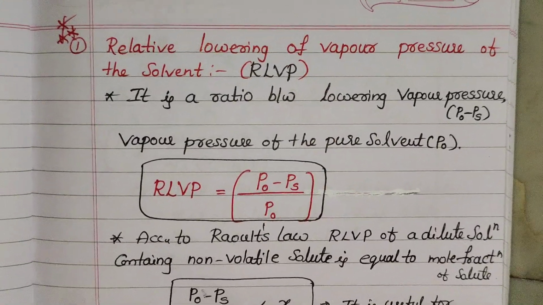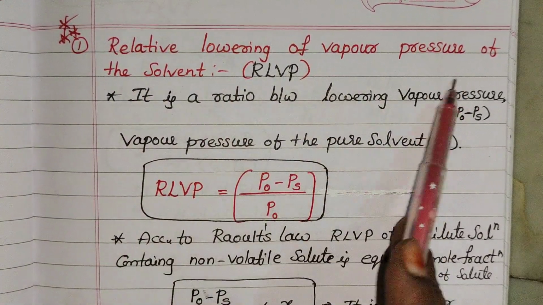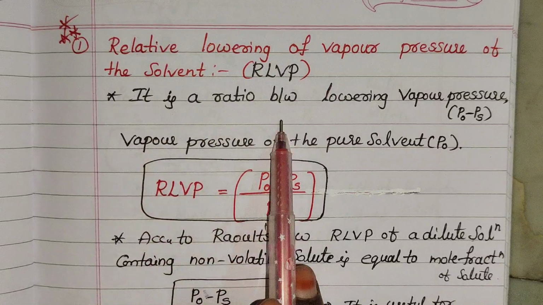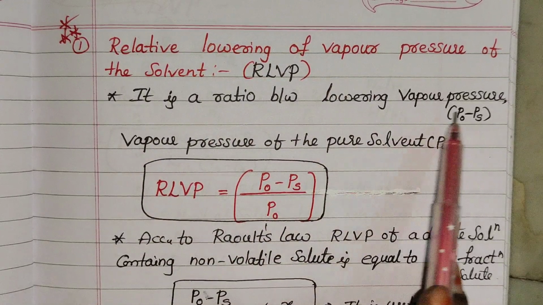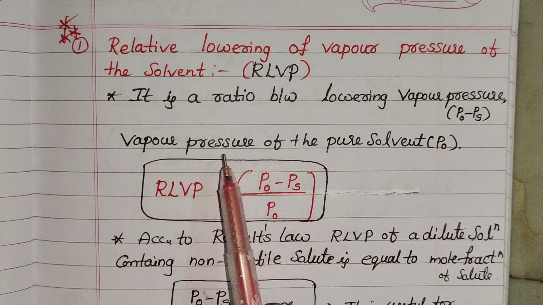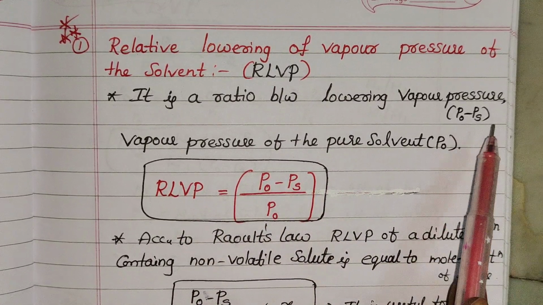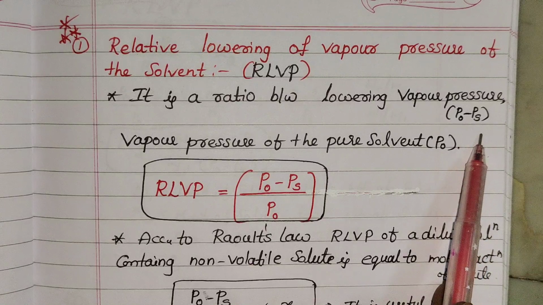Listen properly. RLVP, relative lowering of vapor pressure of the solvent, is the ratio of the lowering of vapor pressure. Here the vapor pressure of the pure solvent is P0, and PS is the vapor pressure after dilution.